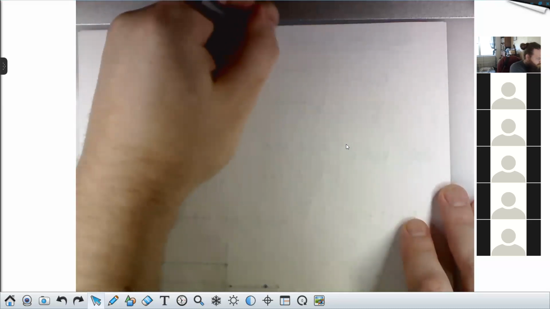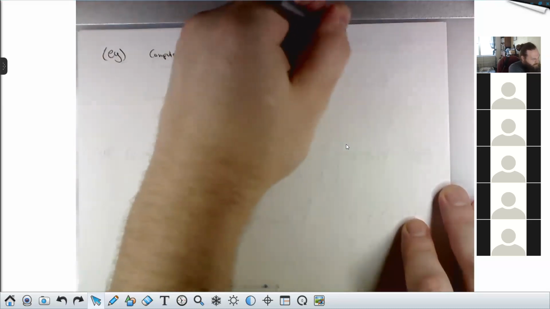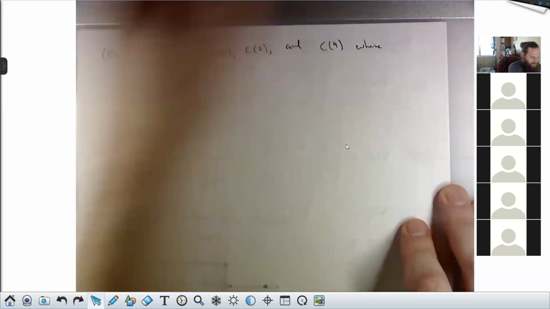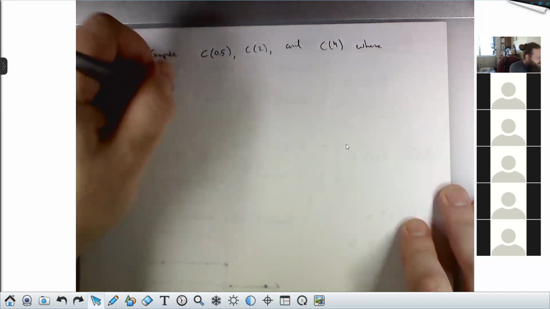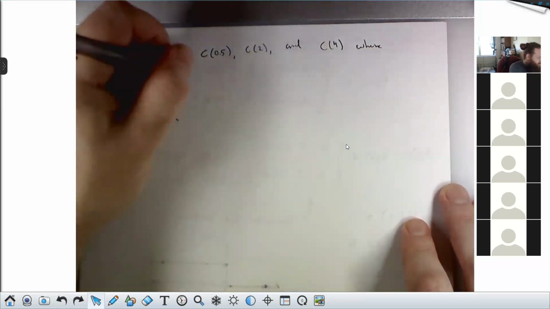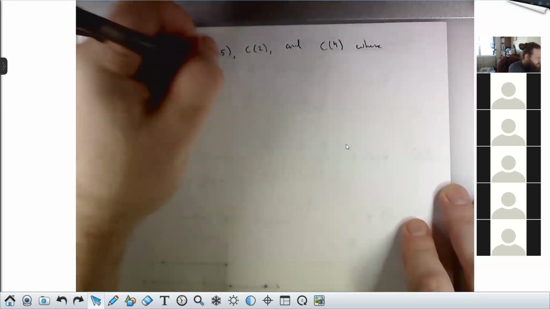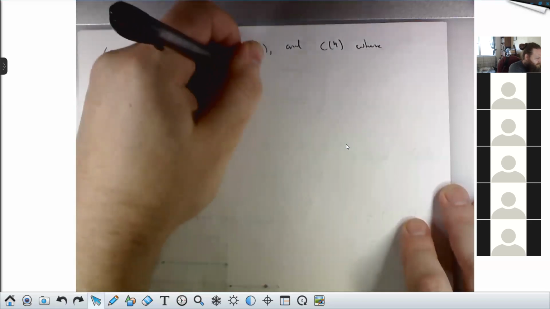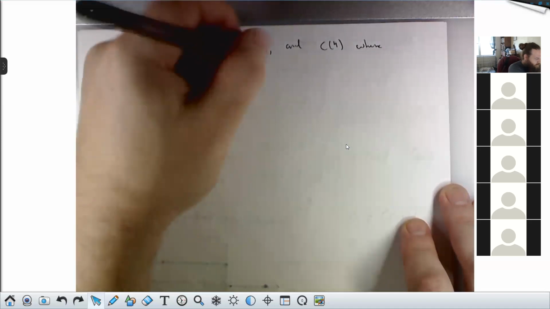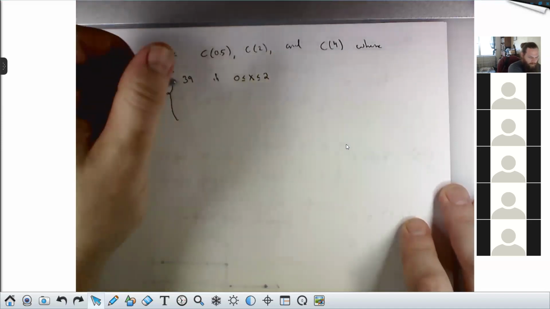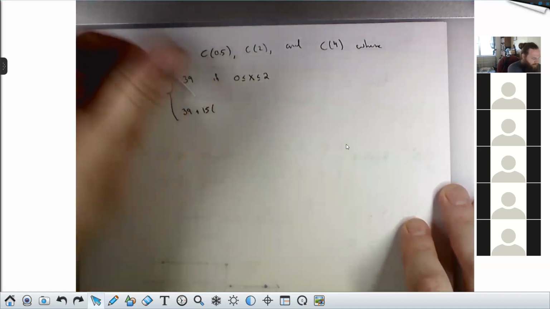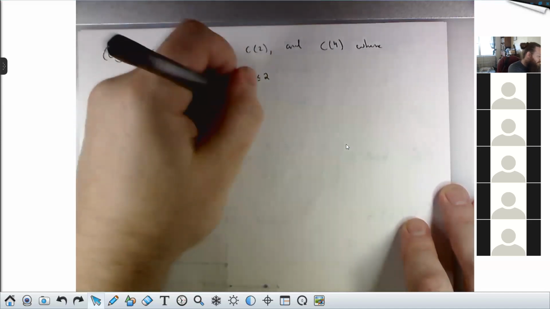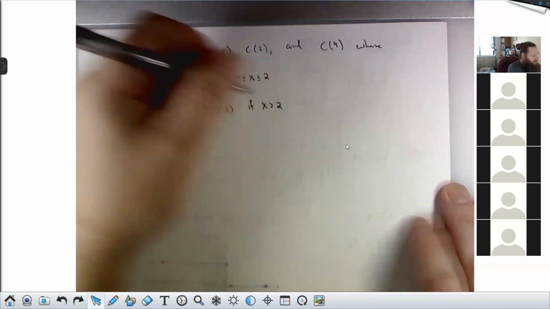C of 0.5, C of 2, C of 4, where the function C of x is piecewise defined as the constant 39 if 0 is less than or equal to x is less than or equal to 2, and 39 plus 15 times x minus 2 if x is strictly larger than 2.